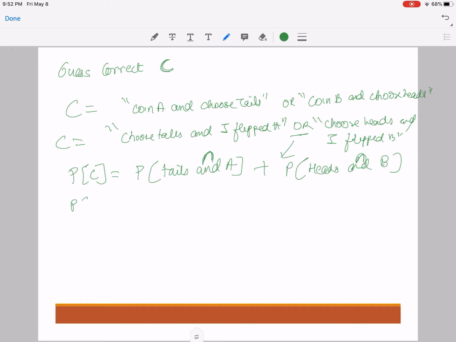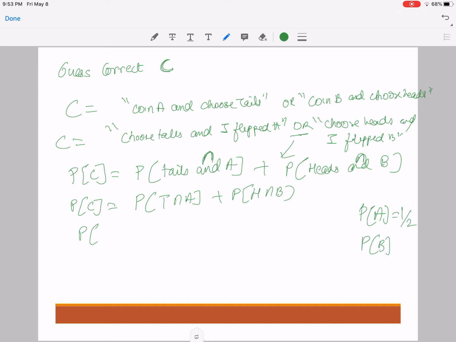So probability of event C, the correct guess, will be probability of tails and A plus probability of heads and B. Now these are not directly given to you in the problem statement. Instead, it's given to you that the coins are chosen at random. So probability of choosing coin A will be 1/2. Probability of choosing coin B will be 1/2.